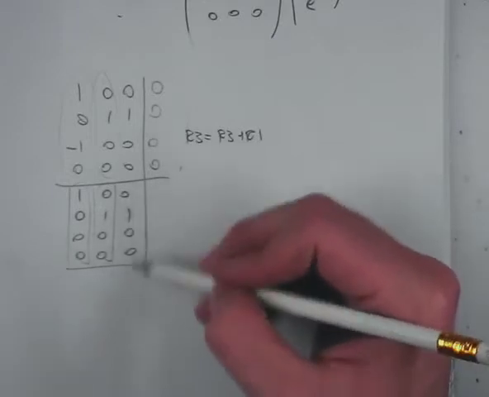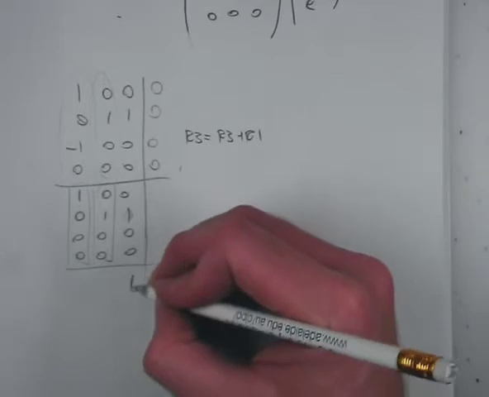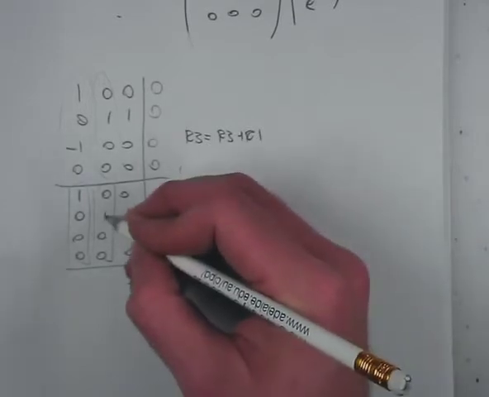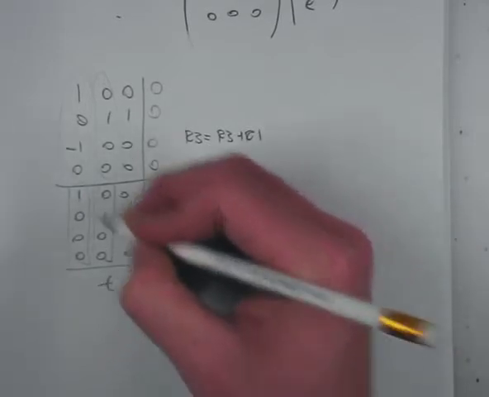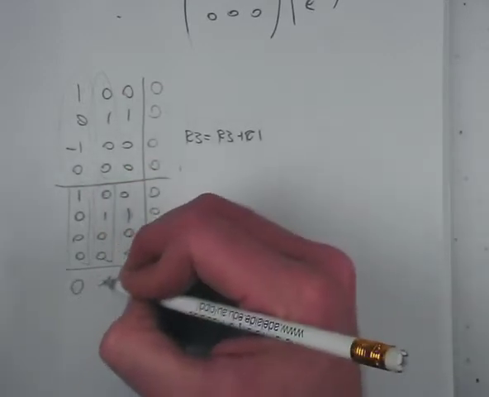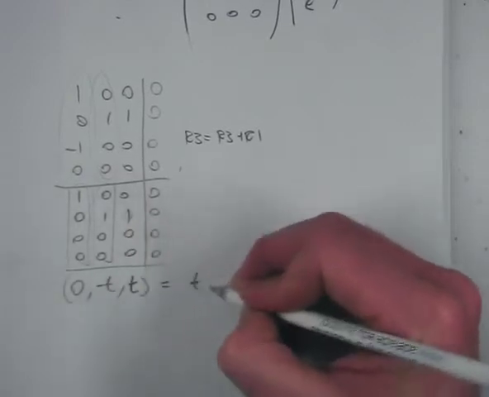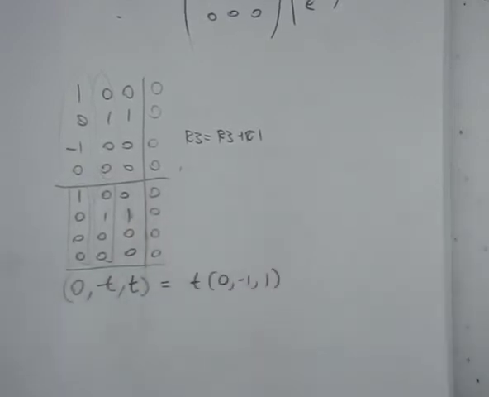This one must be a free variable, and that's how we're going to find the kernel. So here we have t for that. This one here is therefore minus t, and this one here is equal to 0. Okay, so that's my kernel.